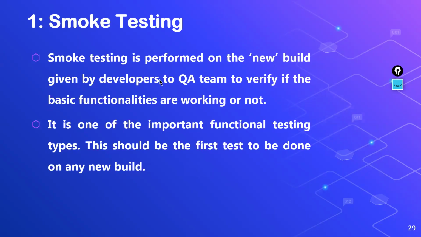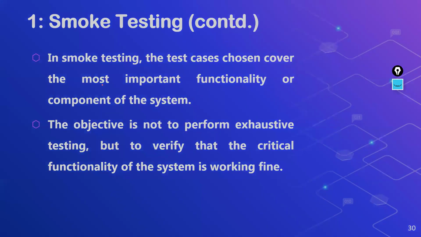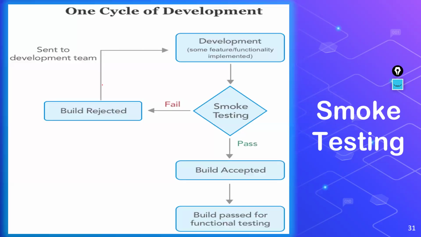When we have this smoke testing, smoke testing is primarily what you would be doing on your new build, which is provided by the developers to the testing team. How it is, I'll tell you. See what happens now.